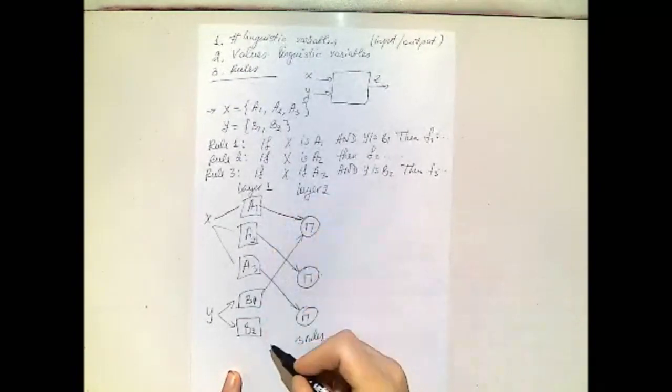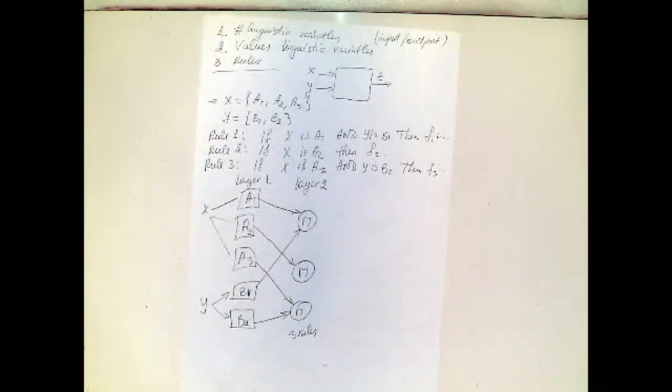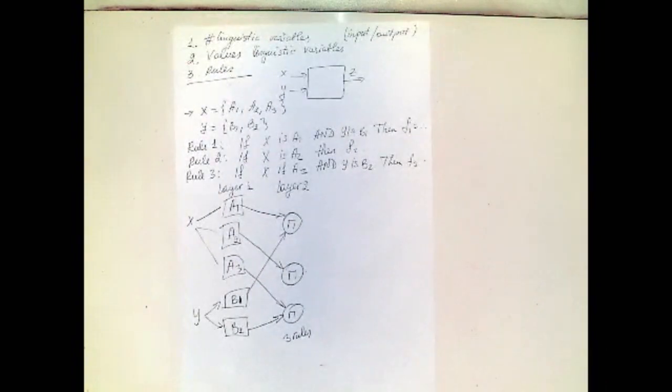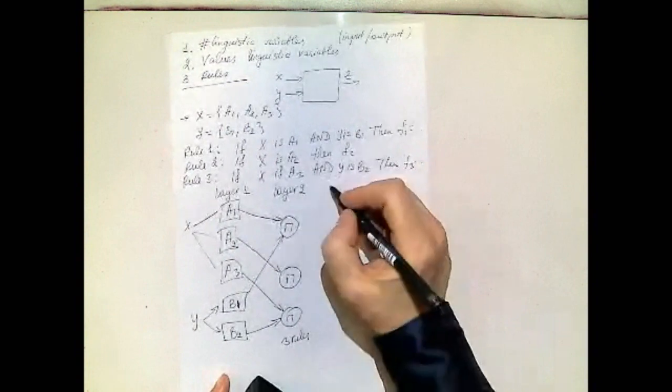Third rule takes A3 and B2. Can you see how I'm mapping? We are literally mapping our rules on our layer 2. So this is layer 2.